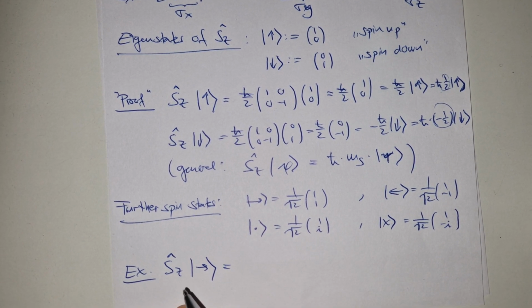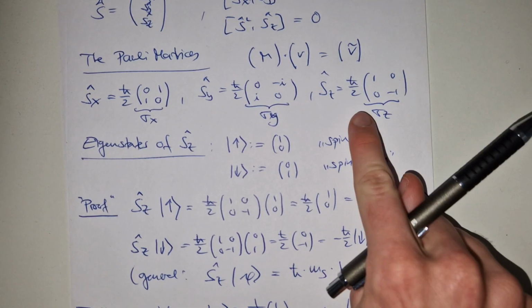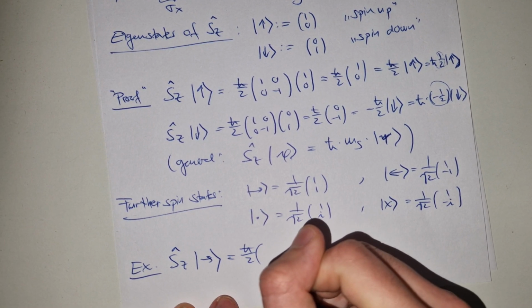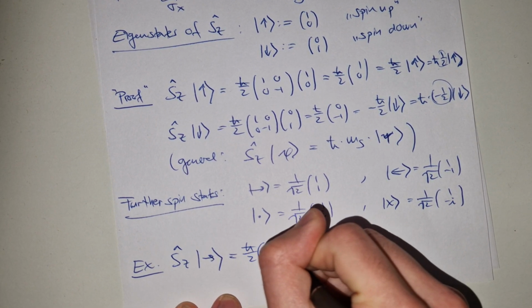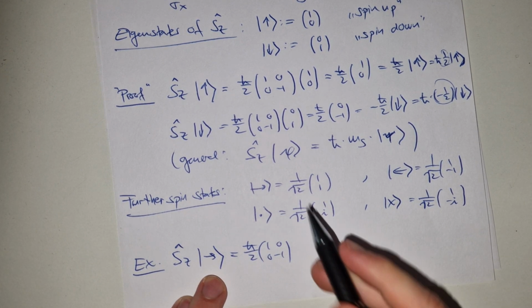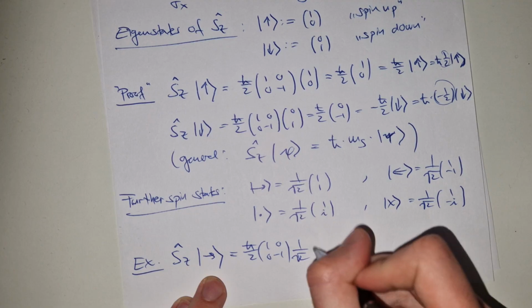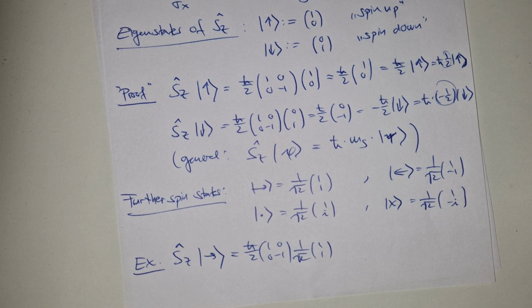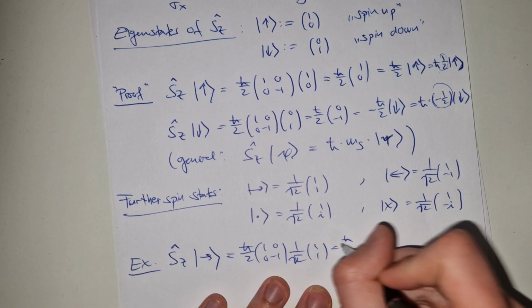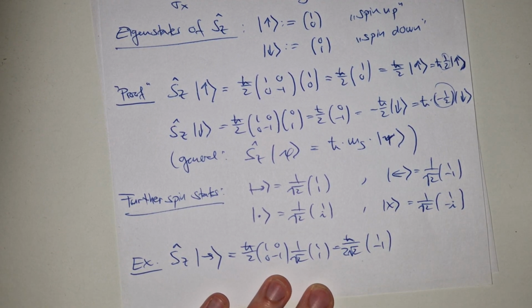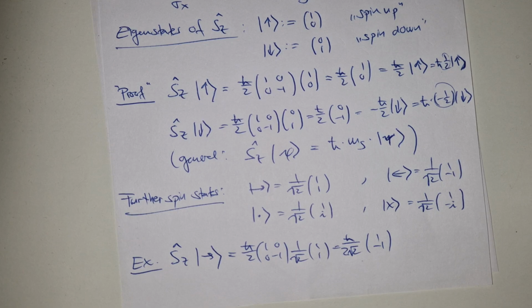So we know that the spin Z operator is this matrix, h bar over 2 times (1, 0; 0, minus 1). And the spin right state is this one, 1 over root 2 times (1, 1). If you calculate this, what you get is h bar over 2 root 2 times (1, minus 1).